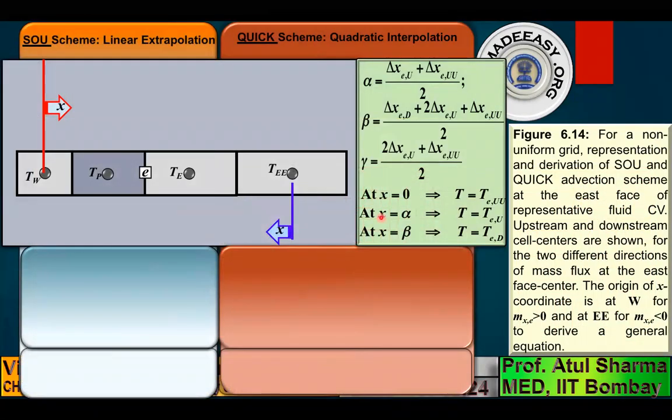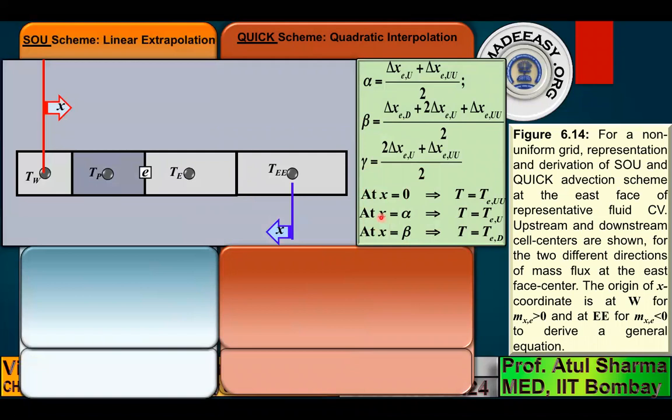Now, when you move from a uniform grid to a non-uniform grid, note that while using the advection schemes, the weights that you used in a uniform grid become a function of the non-uniform width of the control volume.